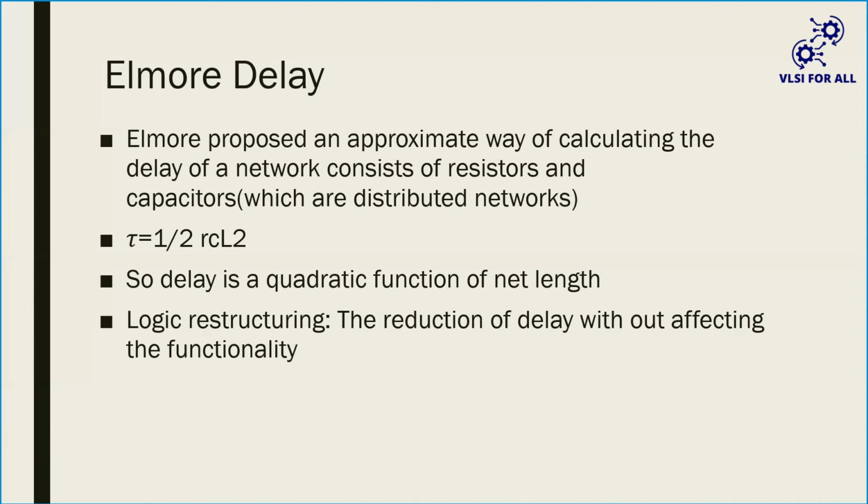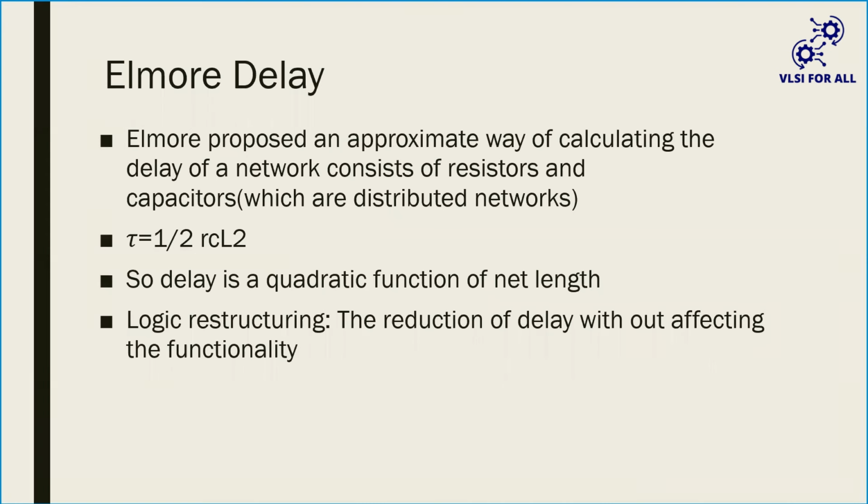This point you must know, because afterwards we are going to discuss delay optimization techniques, insertion of buffers. How does insertion of a buffer reduce the delay? When you insert the buffer, the net length reduces. There are actually two net buffers only. Now in the middle, you have placed one more buffer so that the length becomes half, L by 2.